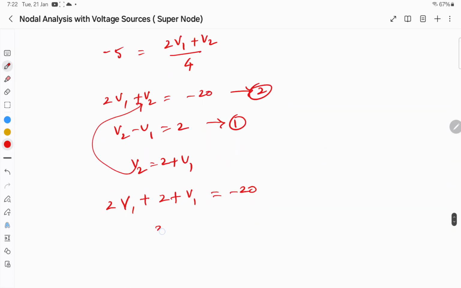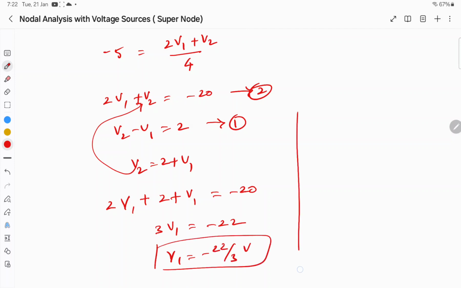So it is 3V1 is equal to, bring 2, that is minus 22. So V1 is going to be minus 22 by 3 volt. Okay, so V1 is this. We know that V2 minus V1 is going to be 2 volt. So plug the V1 here.